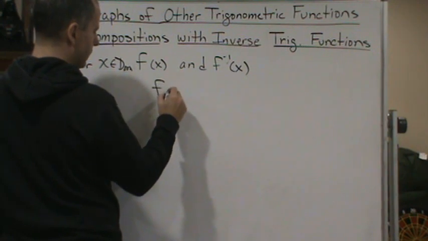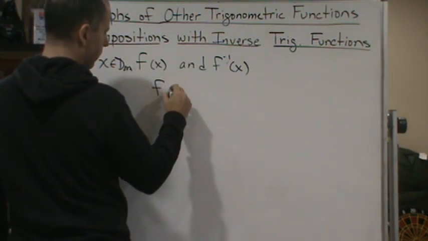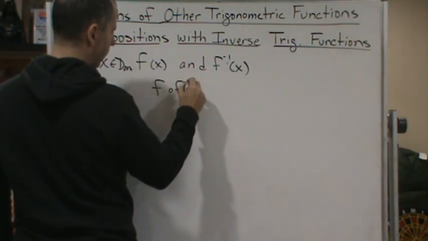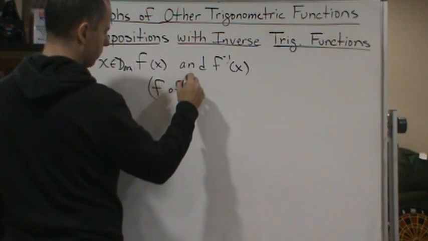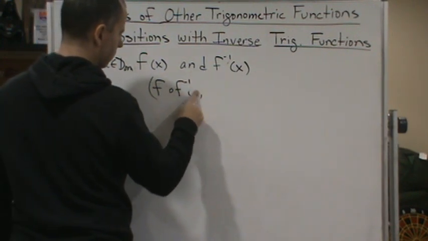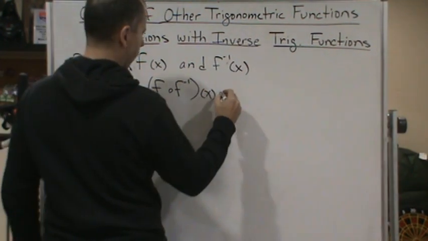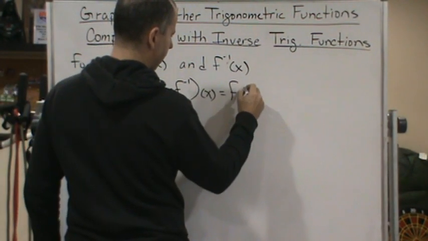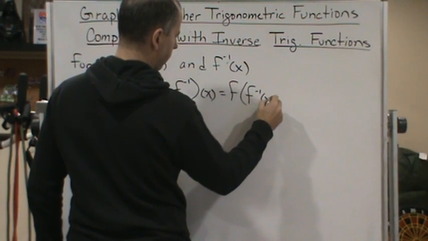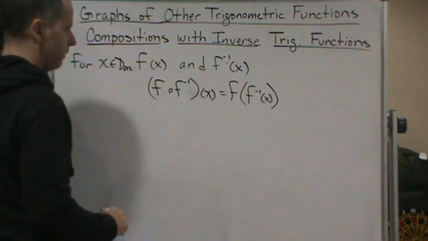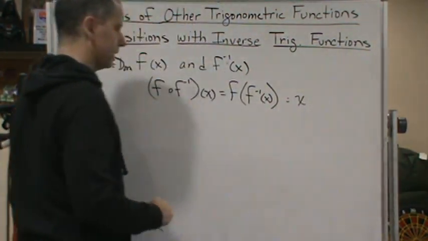So if we take f circle f inverse of x, which is equal to f of f inverse of x, equals x.